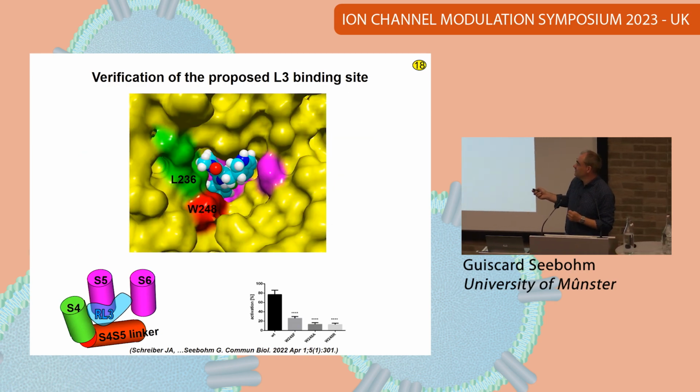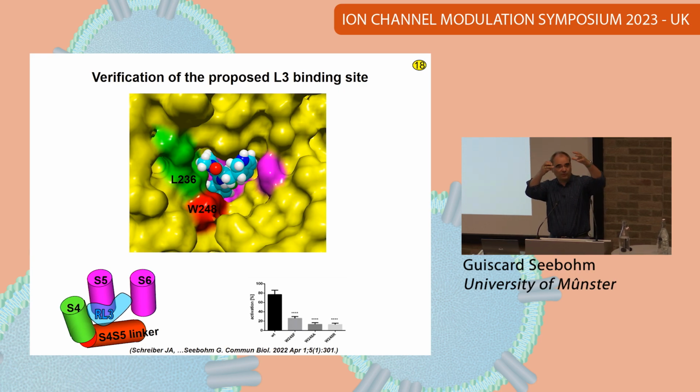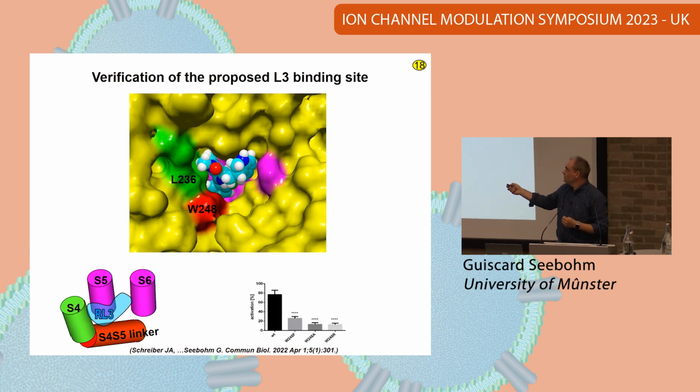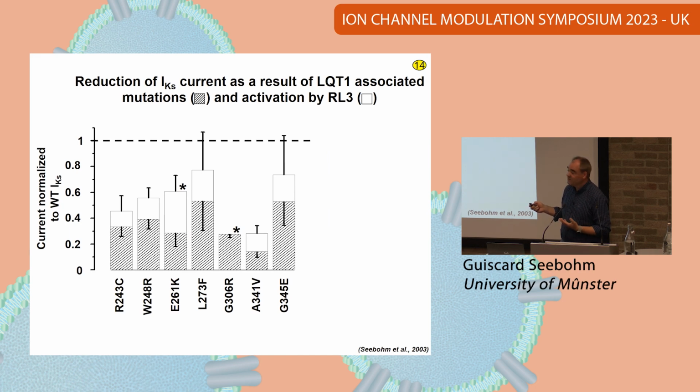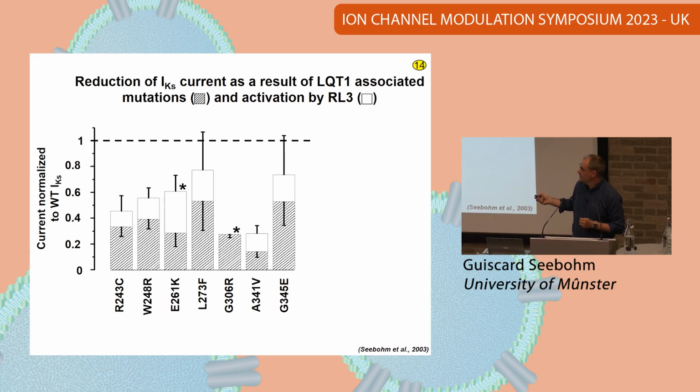Okay, so here you can see the compound sitting in there, and it's really like forming a glue between the lower voltage sensor, the pore domain in the back, and also the S4-S5 linker, so really crossing the whole thing. The compound is able to also activate LQT-associated channels; partial recovery can be obtained here, indicated by the white color.